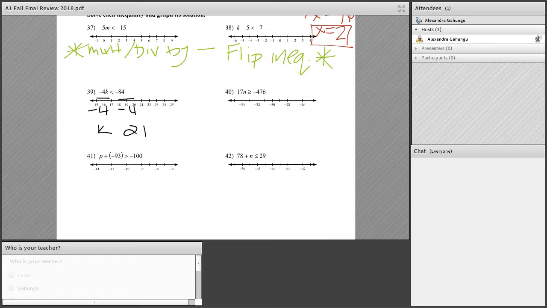So it was a less than, so now it'll be k is greater than 21, and that means I will have an open circle at 21 because we don't have an equal to, so it's just greater than.